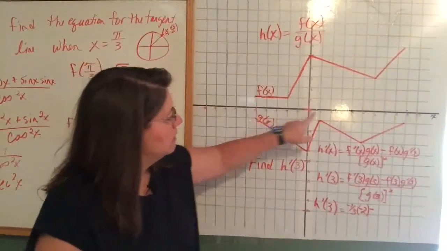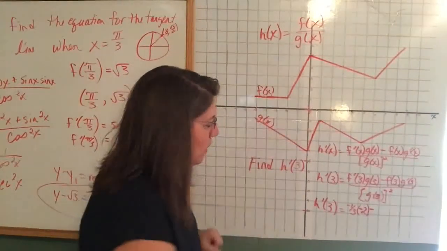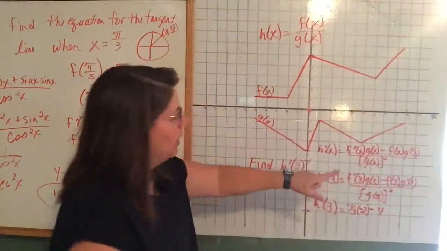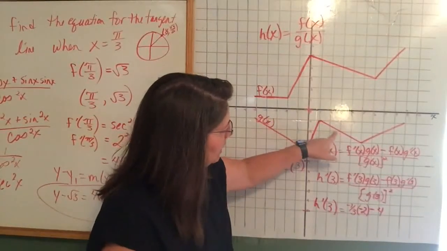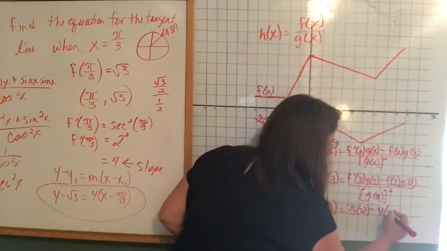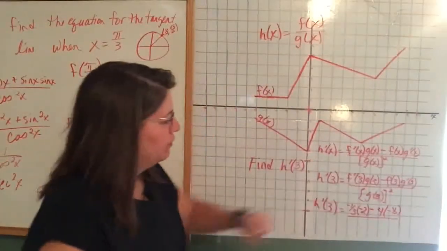On the f function, the x value is 3, and f of 3 is 4. That's the y value at f of 3. So that's 4. G prime of 3 is the slope of the g function at the point 3. Looks like negative 1 over 2, that's negative 1/2. And that's all over g of 3 squared.